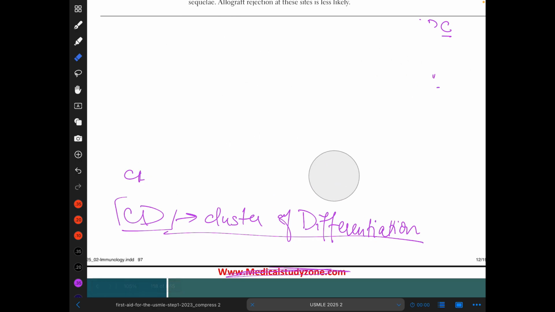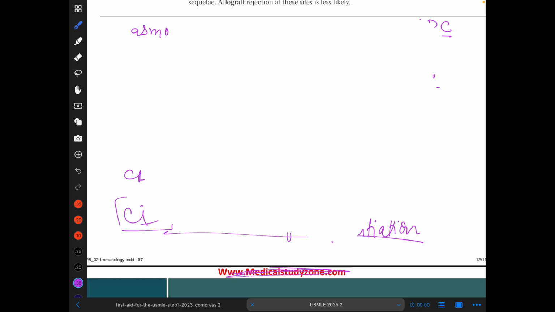Macrophages are guardians of innate immunity. They are produced in bone marrow as monocytes, and they circulate in blood for 3 days. When they enter tissue, these monocytes become macrophages.